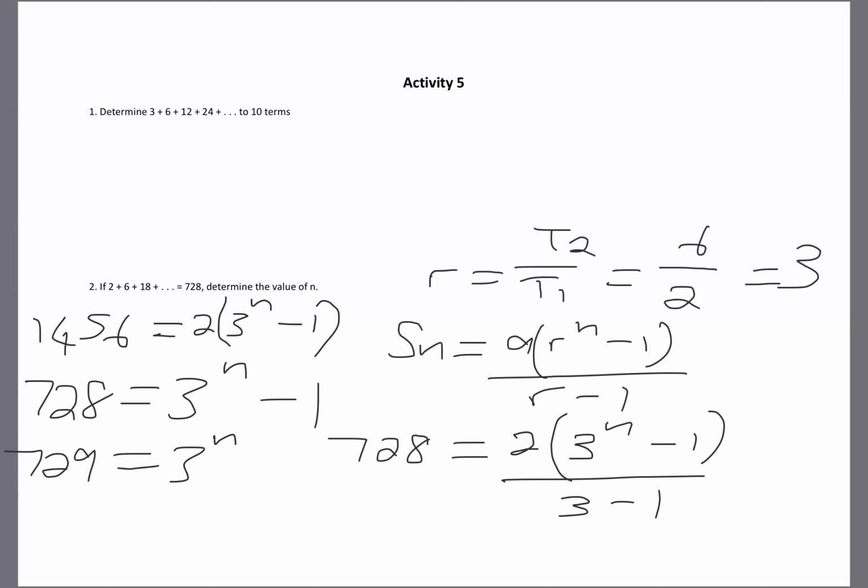And then what to the power of 3 gives me 729? It's 3 to the power of 6. That means that my n is? n is 6. n is equal to 6. Perfect.